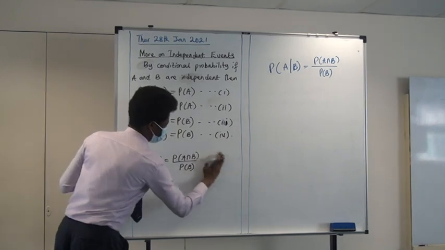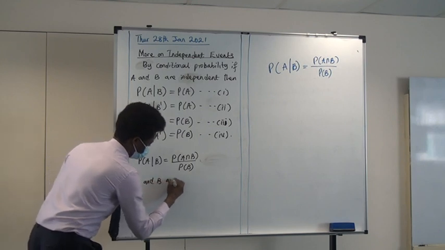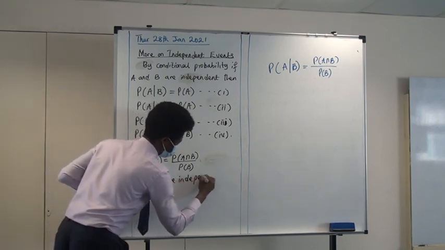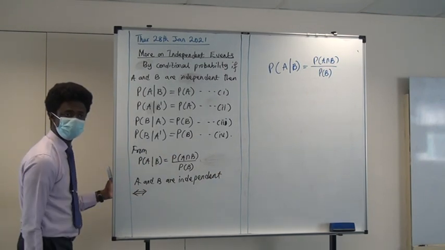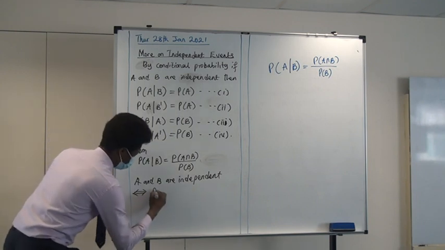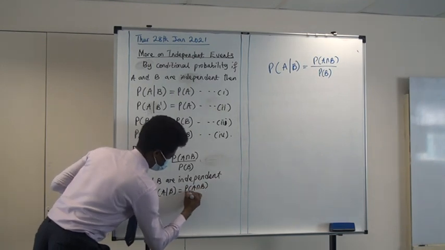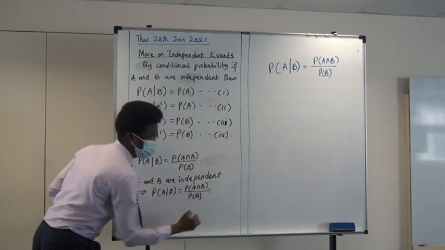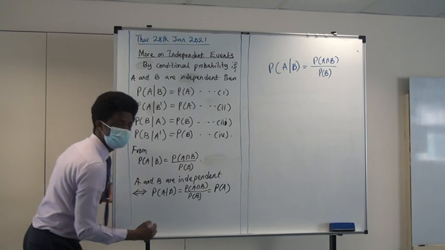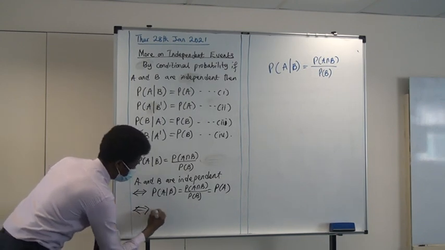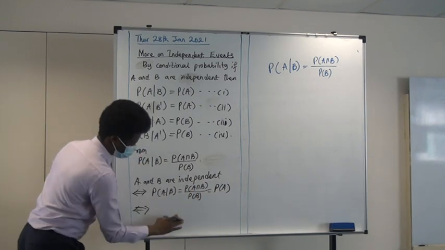So from here, A and B are independent if and only if, are you with me, this conditional probability ends up giving us probability of A. And this will occur if and only if, so I'm now here, because I don't have enough space.